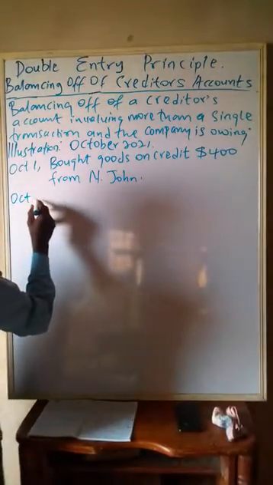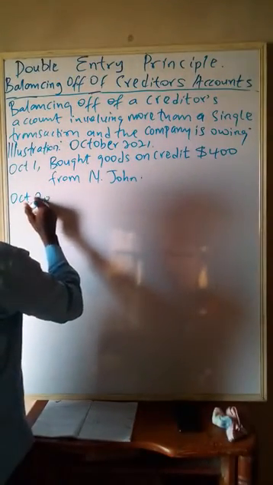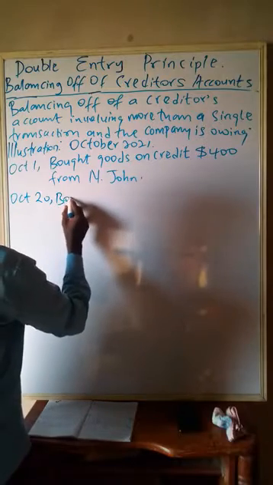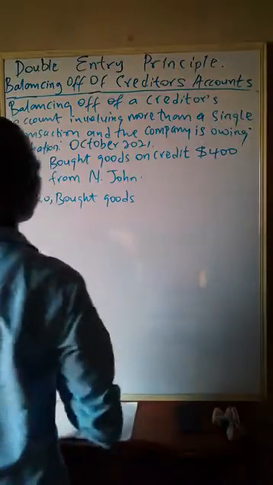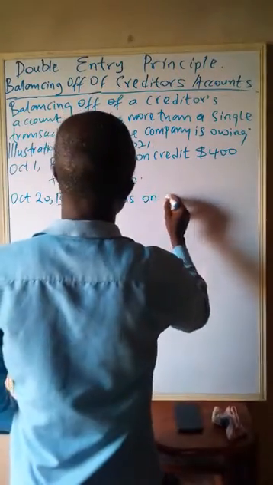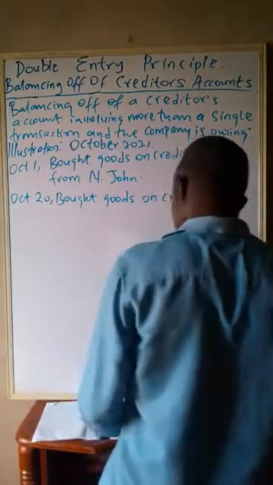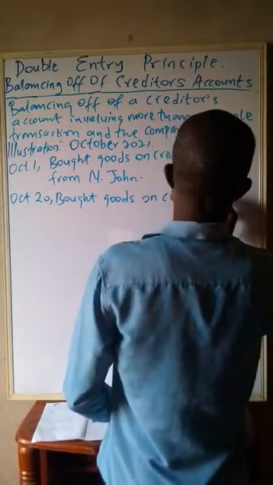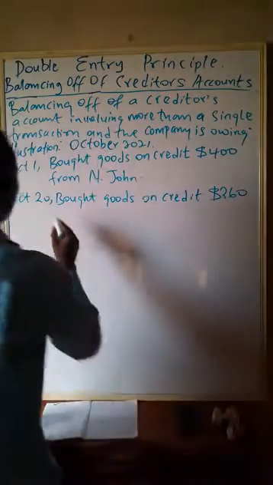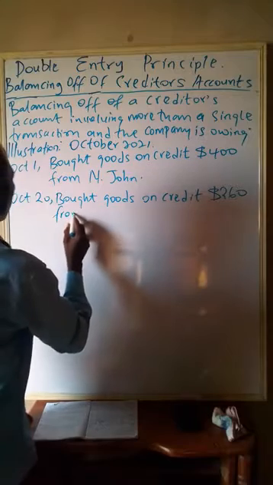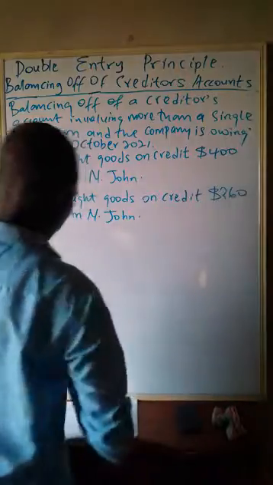October 28th, bought goods on credit, $260 from John, from the same person, John.